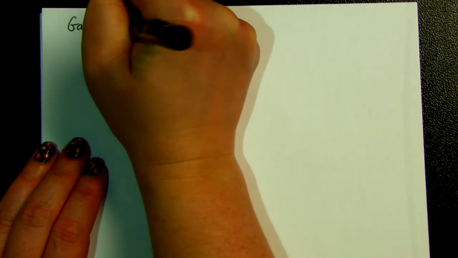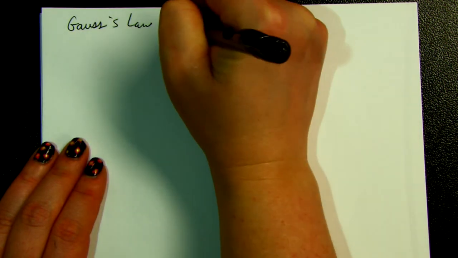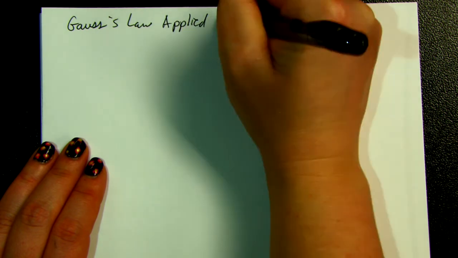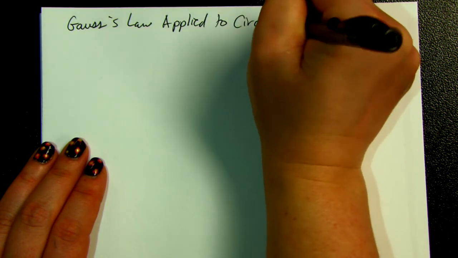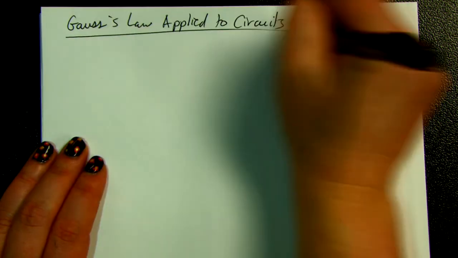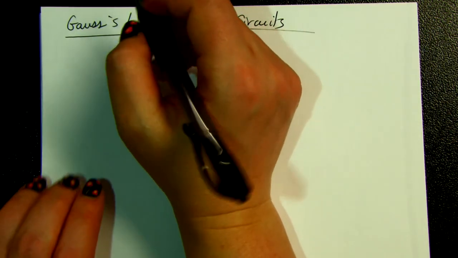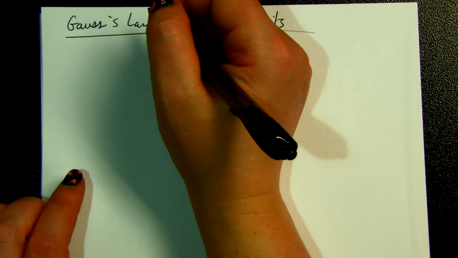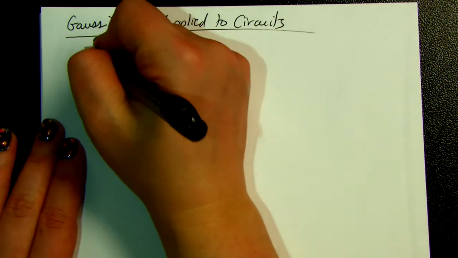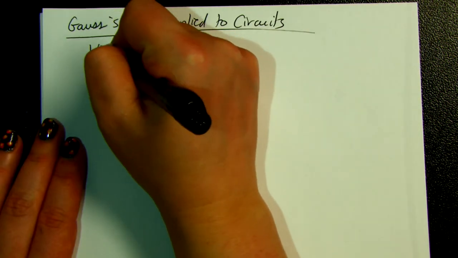All right, so moving on to Gauss's law applied to circuits. So let's take charges out of equilibrium and get them to flow. So what about flowing charges?